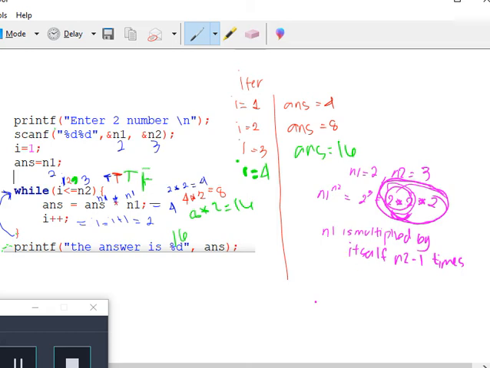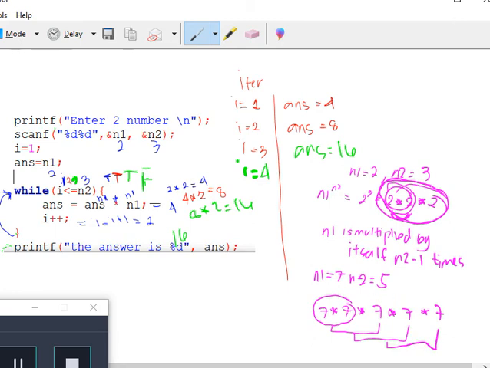Di ba? Try ta og another example where n1 is 7, our n2 is 5. So, naa siya og 7 times 7 times 7 times 7 times 7. Kung tanawon kapila ra gyud nahitabo ang multiplication, 1, okay, 2, and then this one, 3, and this one 4.